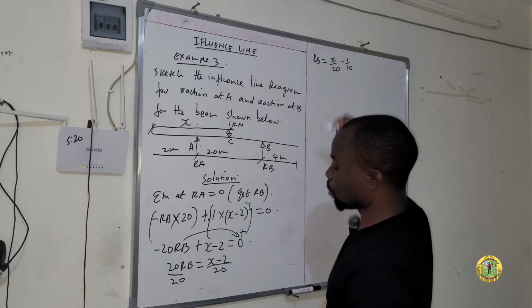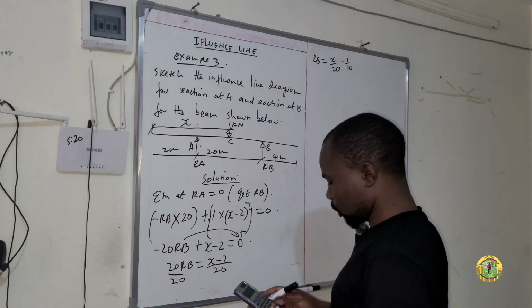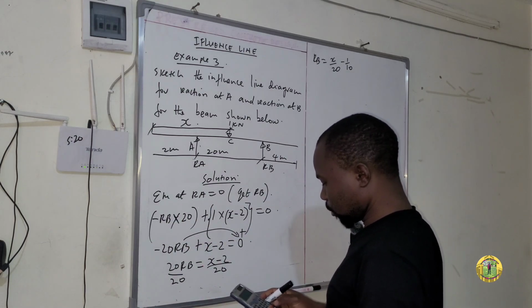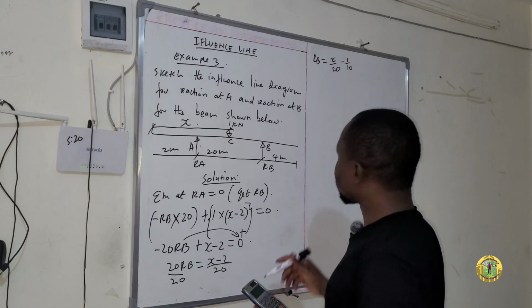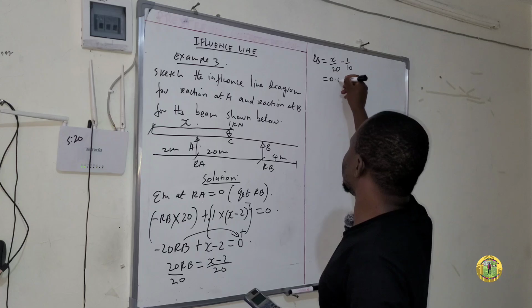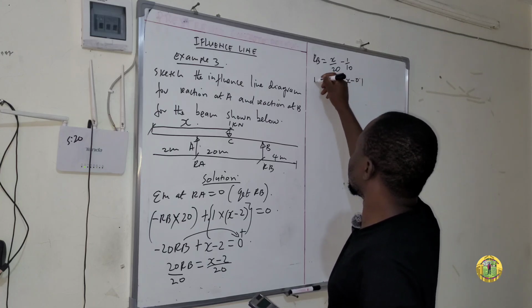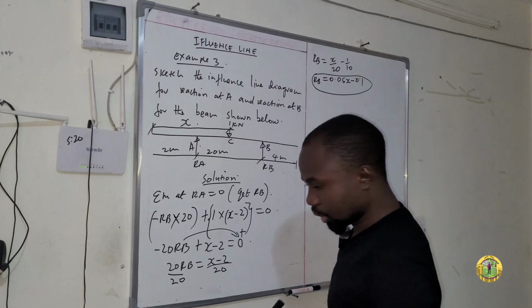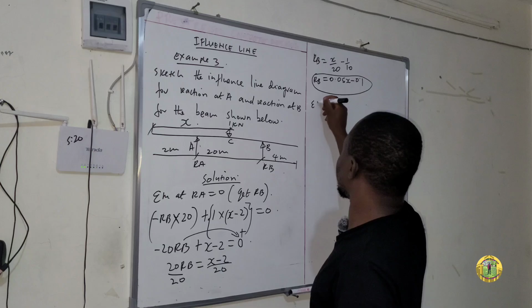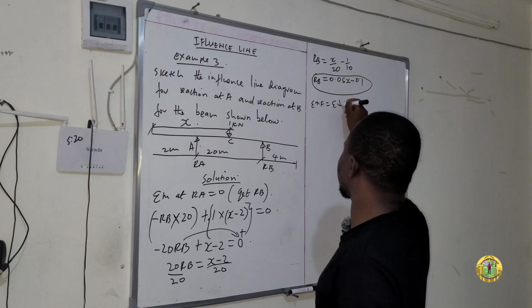So this is RB, or you can simplify. So 1 over 20, 1 divided by 20. So this is 0.05x minus 0.1. So this is RB.